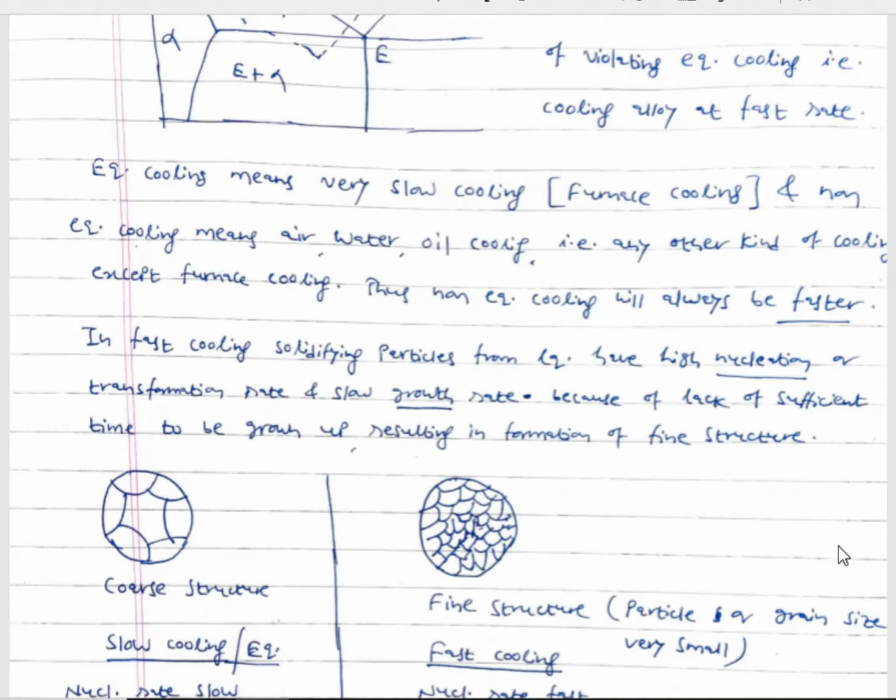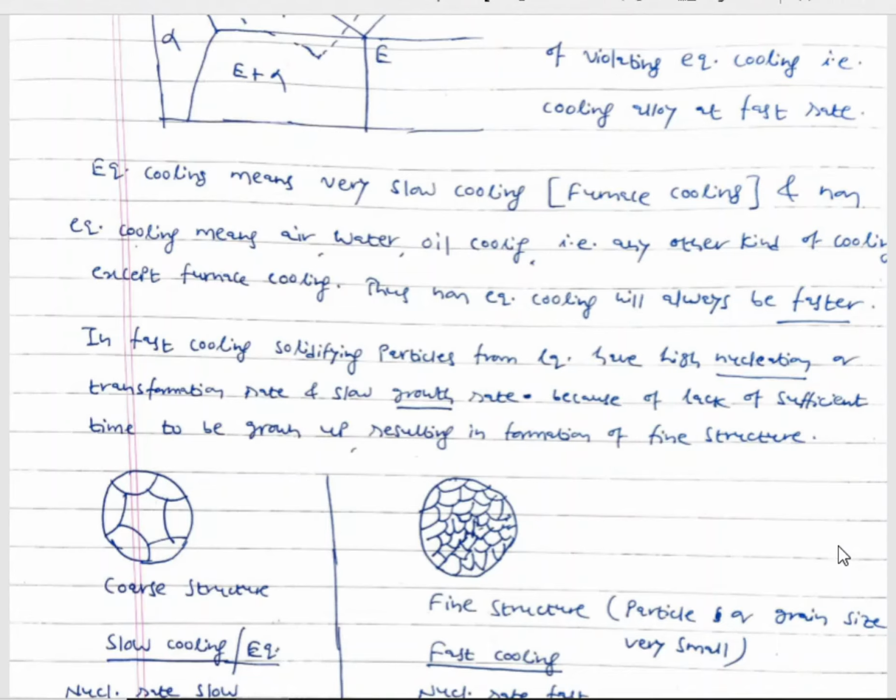So in case number 2, here the transformation rate or nucleation rate from liquid to solid is high. That is, more particles are forming. But due to fast cooling, they do not get sufficient time to grow up. So their growth is very small. While in case of slow cooling, what will happen? Just the opposite.